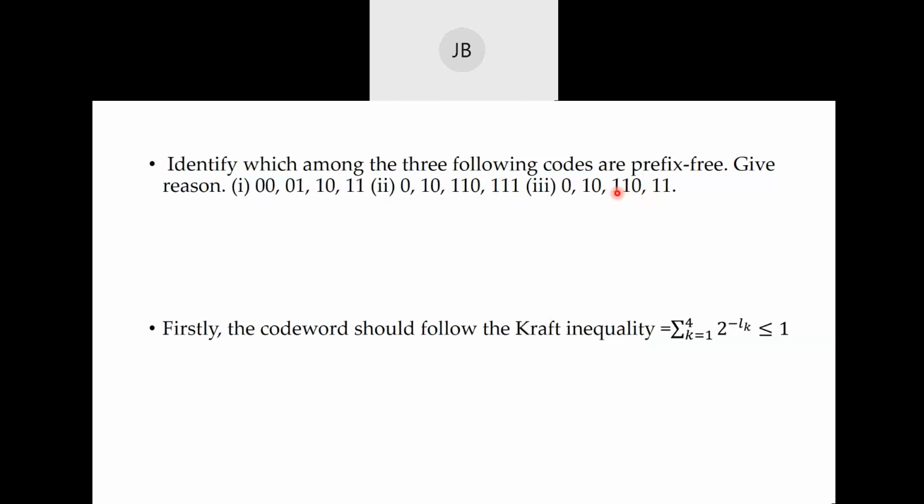So there is a confusion whether it is 110 or a combination of 11 and this 0. So this is not prefix free, because 11, which is entirely another code word, is present as a prefix of this particular code word. So it is not a prefix free code.